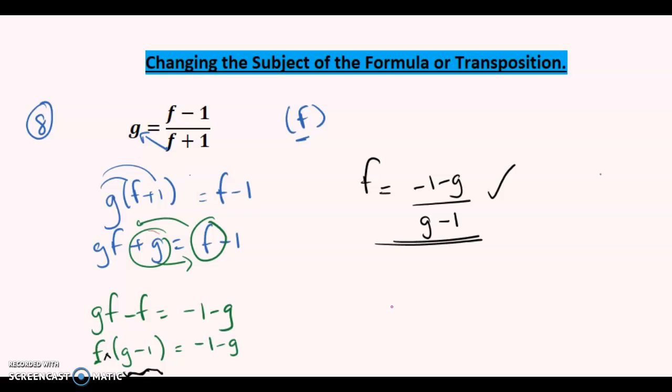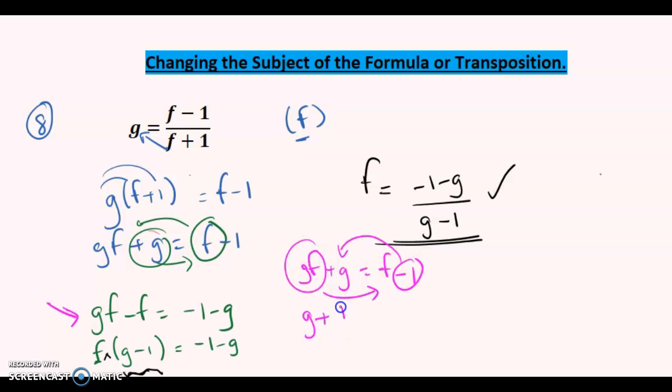Okay, so I want you to know that while this is the answer, this is not the only answer that could happen for this. When you're factorizing, there are two options in transposition. So this line here, I sent over my plus g on this side and my f on this side, which gave me this line here, right? Now, what if somebody did the opposite, meaning they had the same line as me, and they sent the minus 1 over by the g and the gf over here.